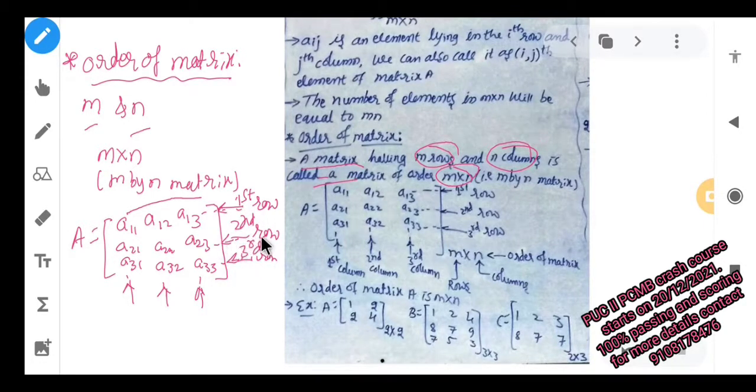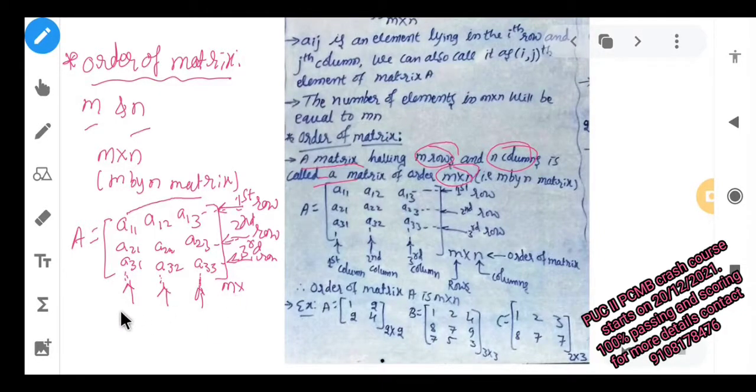So there are 3 rows here, but it continues with dashes and so on. If there are particularly 3 rows, then we mention 3 here. In general, we don't know exactly how many rows there are, so we consider it as m rows.